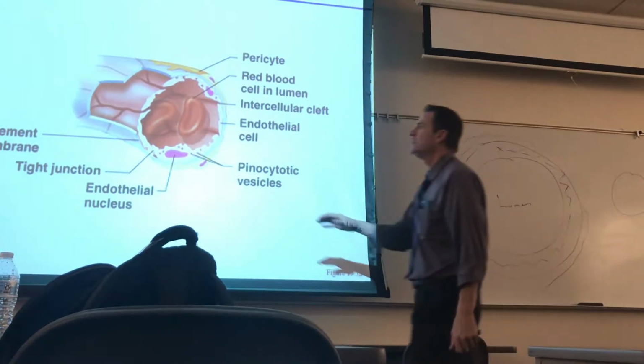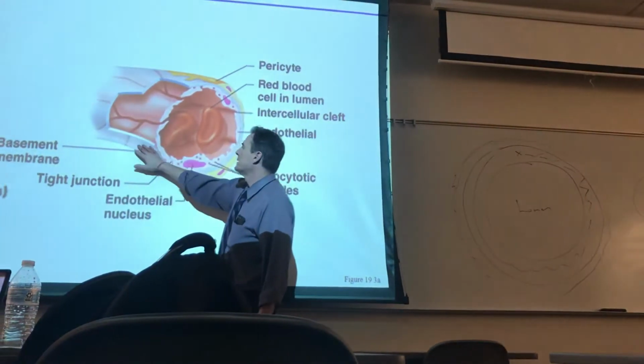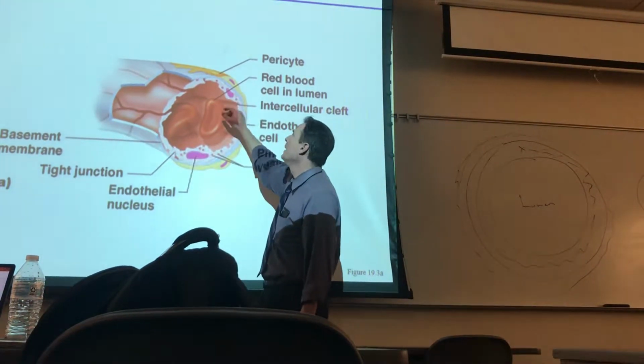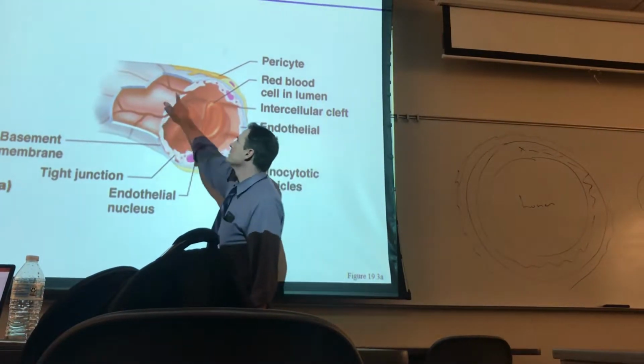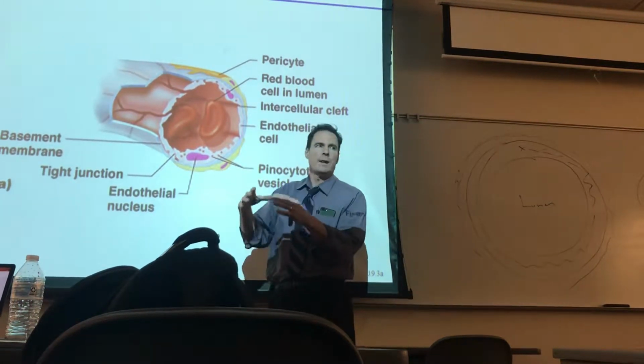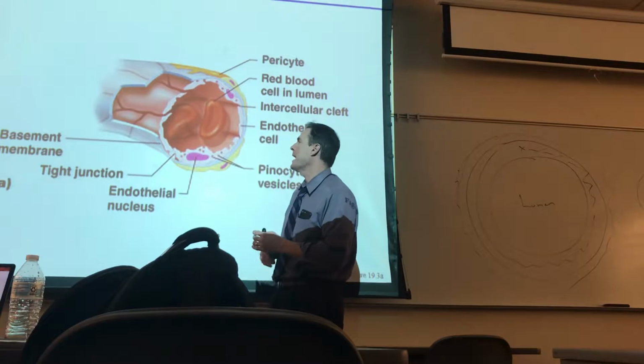And so we do see this basement membrane. It's thinner than it usually is. It may be breaking up. Our tight junctions are holding all these cells together so they don't tear apart, but they're very fragile, so we have to have very low blood pressure when we're in the capillaries.